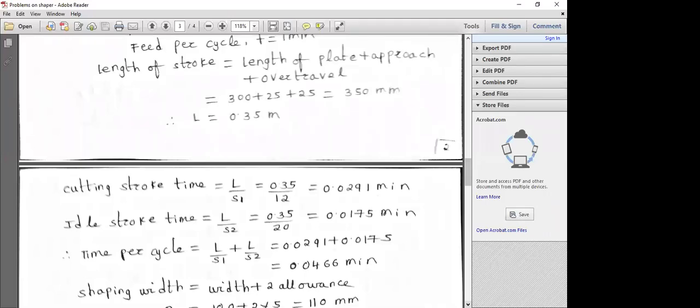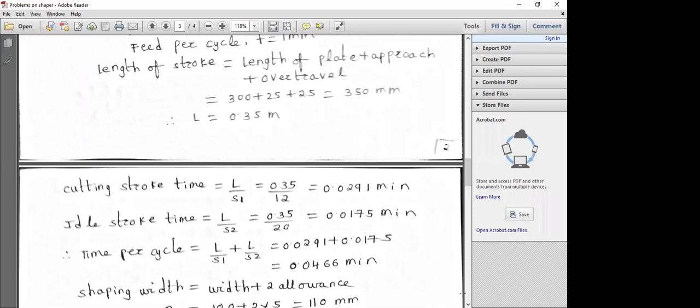So time per cycle is L by S1 plus L by S2. Here it is given directly, because he has not given C there. See the ratio. That's why we are not writing L by S2 in terms of C into L by S1. Here we are directly applying whatever data is given in the problem.